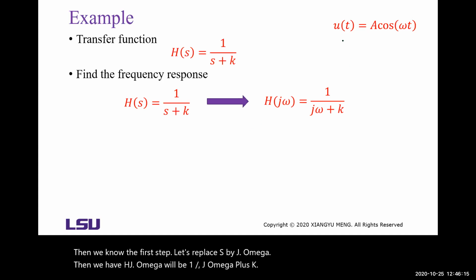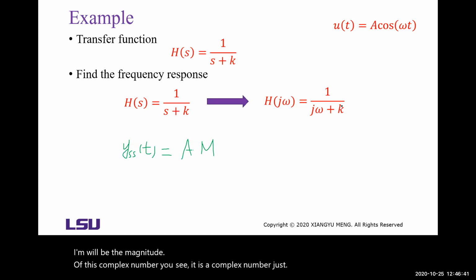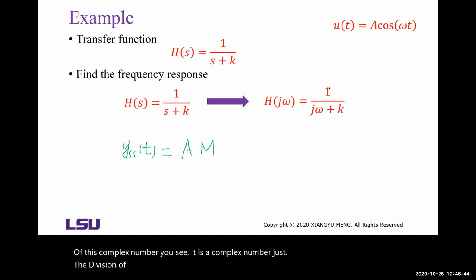Then the output, the steady state response y(t), will be A times M. M will be the magnitude of this complex number. You see, it is just the division of two complex numbers. You can consider 1 as a complex number. So let's calculate the magnitude.